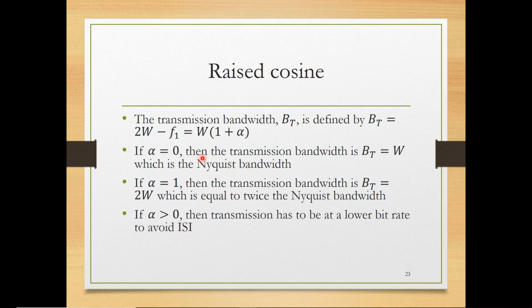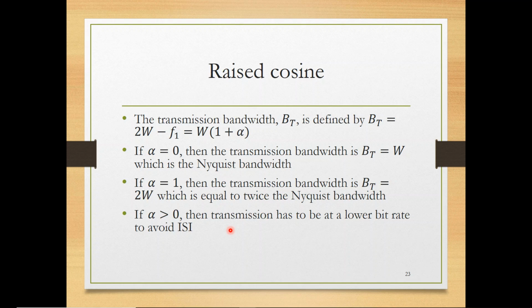You return to the original case, the ideal Nyquist pulse. Then the transmission bandwidth is W, the Nyquist bandwidth. This is the minimal bandwidth you can use to transmit your symbols without inter-symbol interference. However, if alpha is equal to 1, substituting 1 here, you get a transmission bandwidth equal to 2W, which is twice the Nyquist bandwidth.